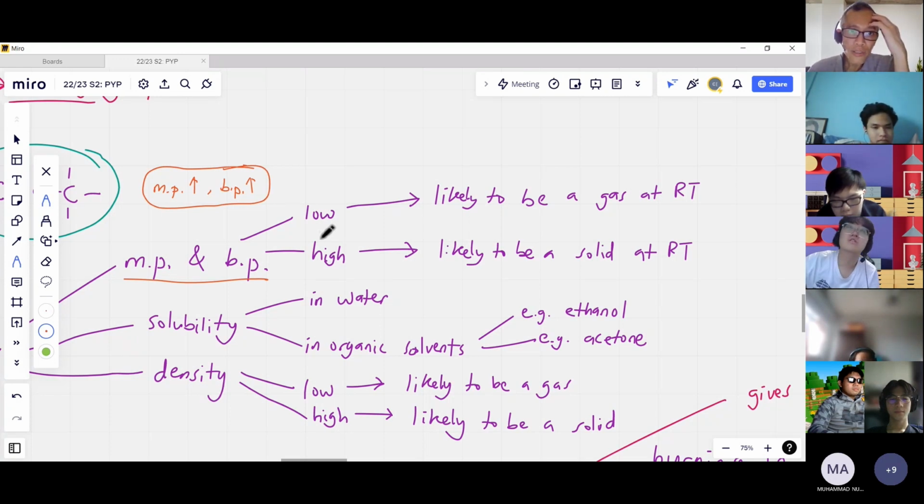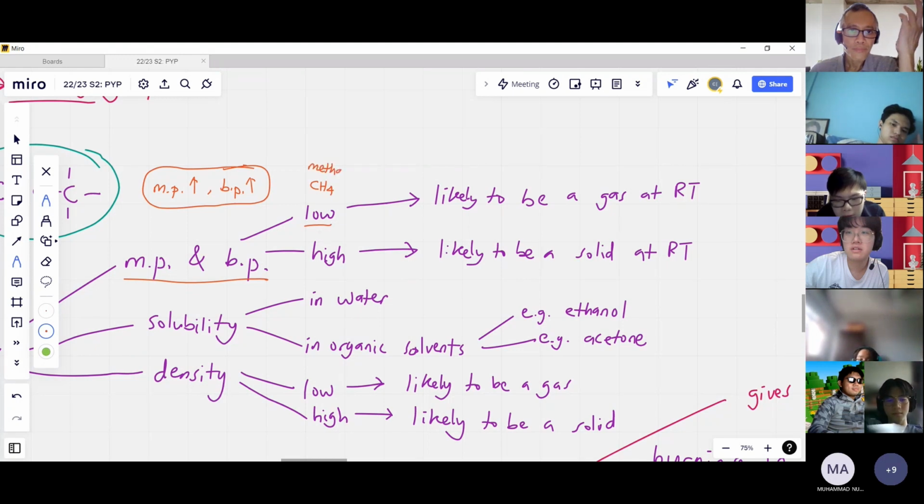Now, of course, if a substance has a low melting point, let's say methane, then not surprisingly it is typically a gas at room temperature. When we talk about gas, solid or liquid, by default it is at room temperature.